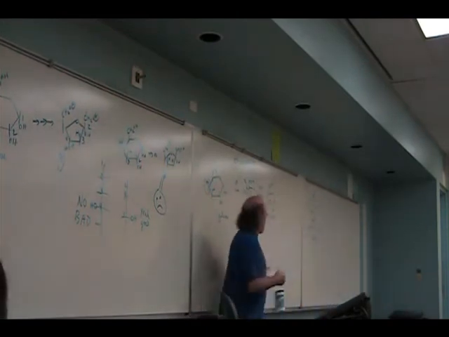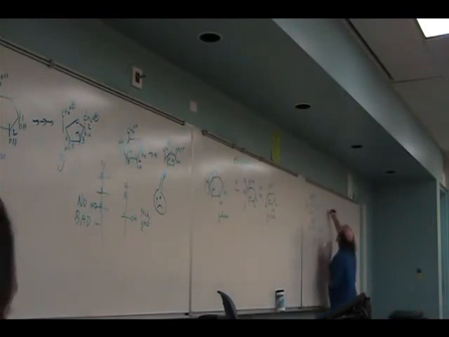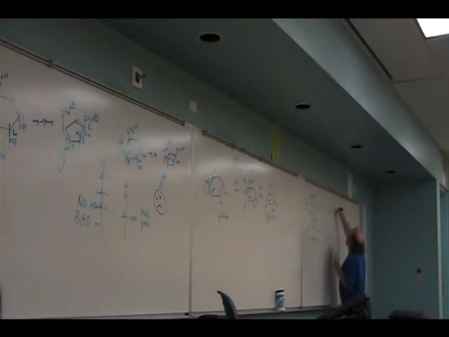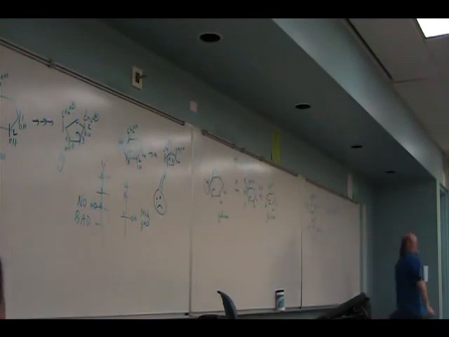The third choice was fructose 6-phosphate going to fructose 1,6-bisphosphate. That was our great enzyme, PFK, phosphofructokinase.